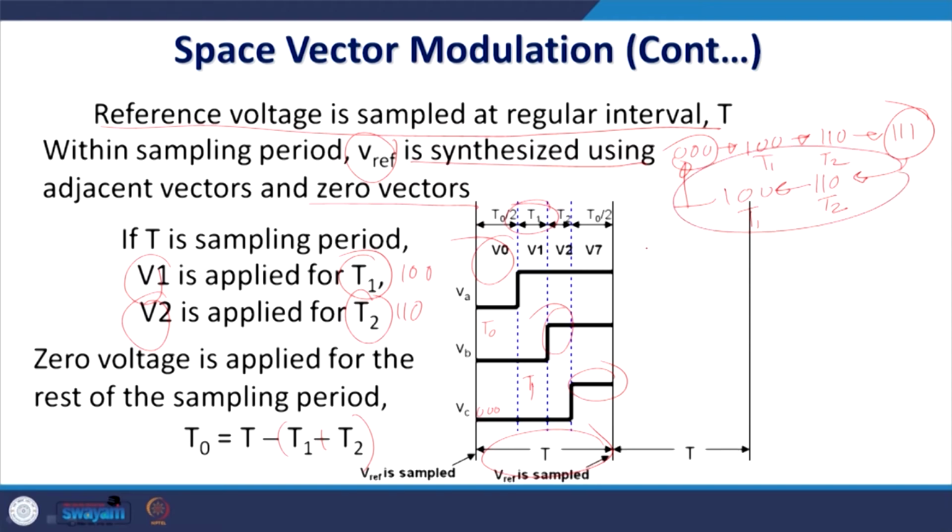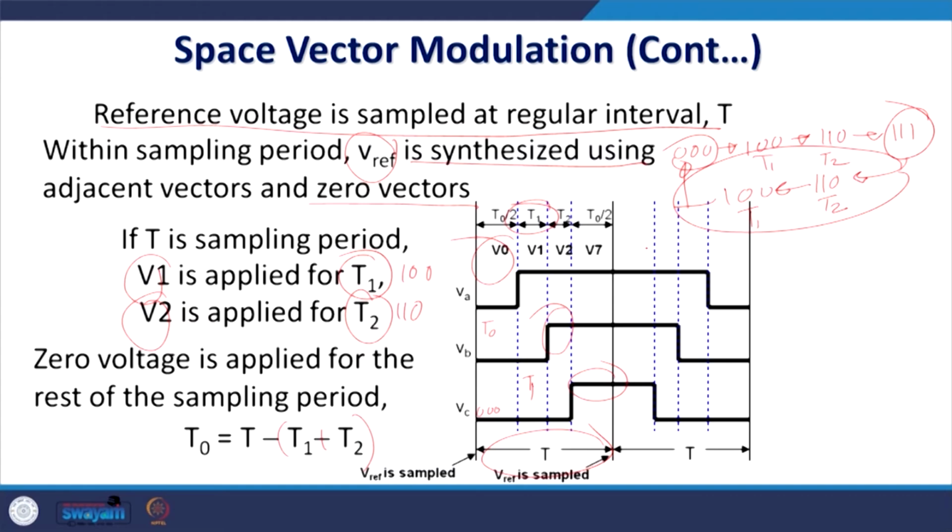Now, what happened to this part of it? So, it will start from 1 1 1 and you continue till it becomes 0 0 0 here. After the interval of t 0 by 2, t 2 will be on.